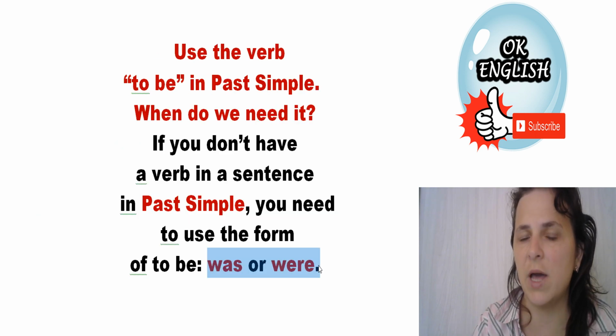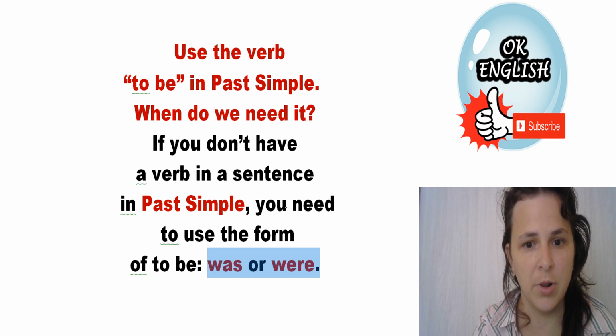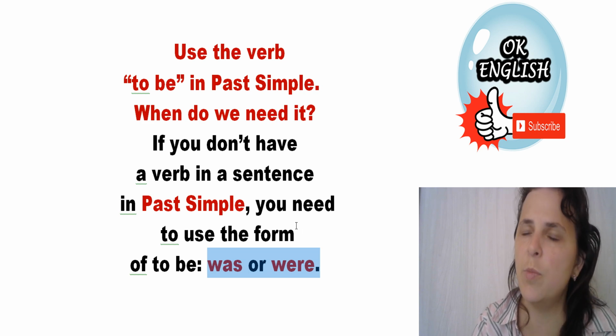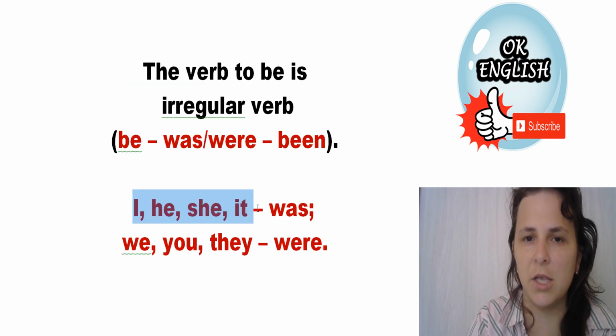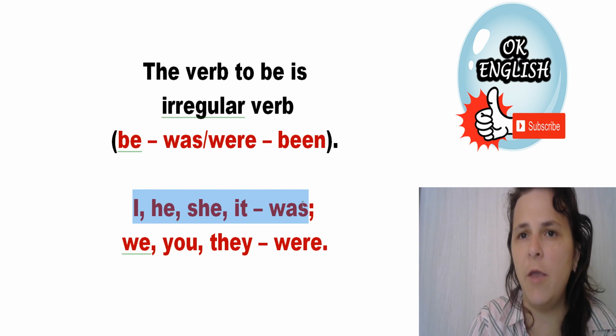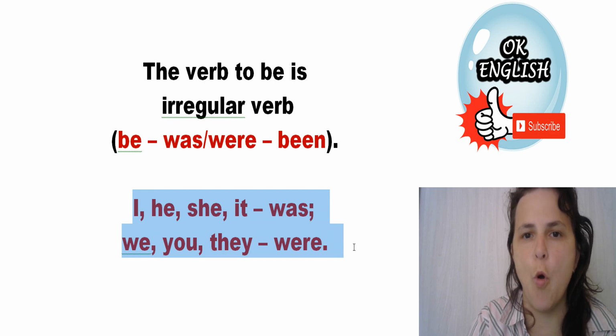To be in past simple. When do we need it? If you don't have a verb in a sentence in past simple, you need to use the form of to be: was or were. If you have I, he, she, it, we use was. If you have we, you, they, we use were.